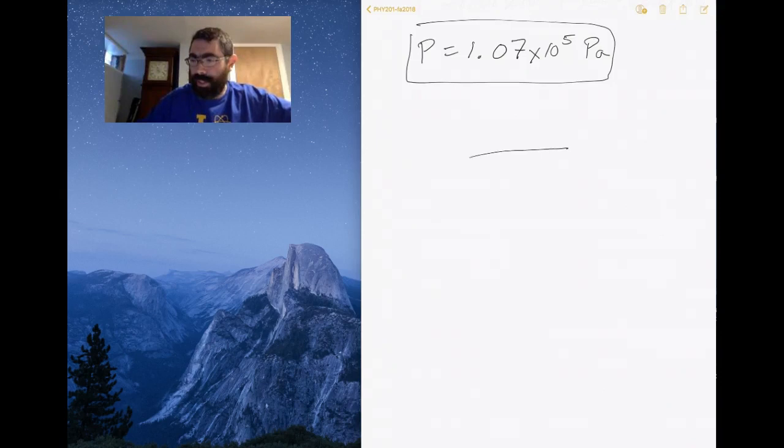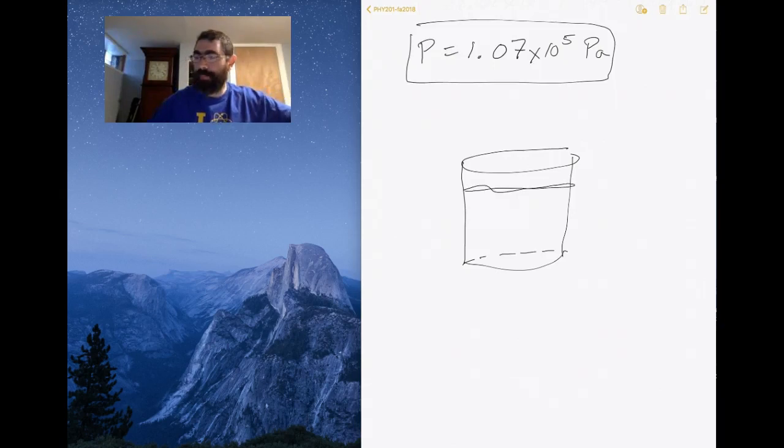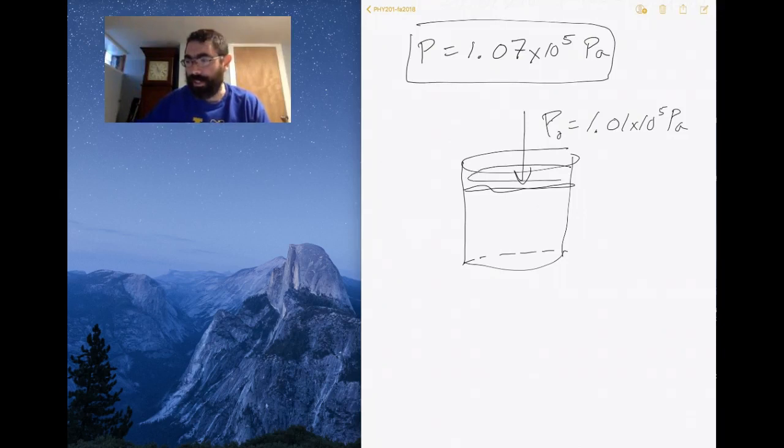So if we have our container filled with the fluid, normally with atmospheric pressure, P0, which they say is 1.01 times 10 to the 5th pascals. But what happens if I put a lid on top of this container, and then push down with an extra pressure of delta P?